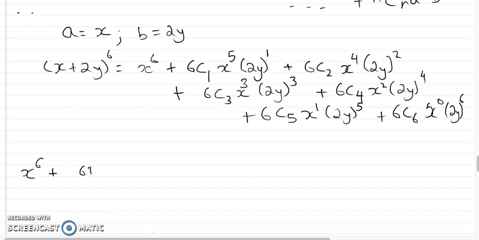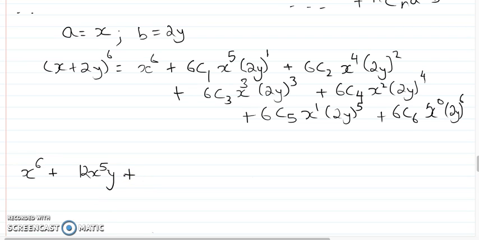So it's just 6. So we'll have 6x^5 times 2y. So 6 times 2 is 12. We learned that in primary school. 12x^5y.